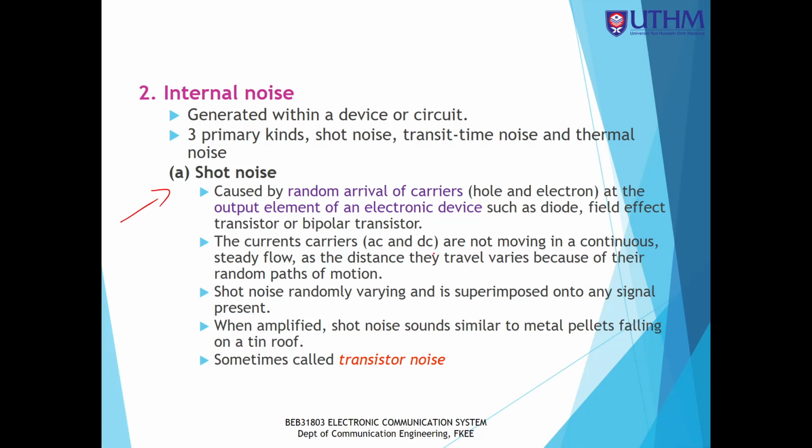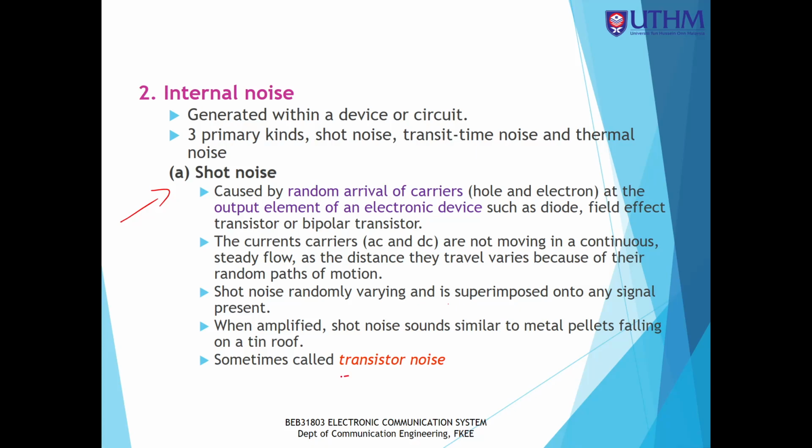The current carriers, AC or DC, are not moving in a continuous steady flow, as the distance they travel varies because of their random path of motions. So shot noise is randomly varying and is superimposed onto the original signal. Okay, when it is amplified, the shot noise sounds similar to metal pellets falling on a tin roof.